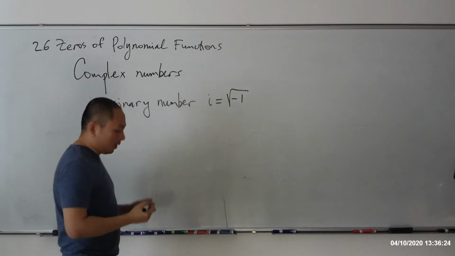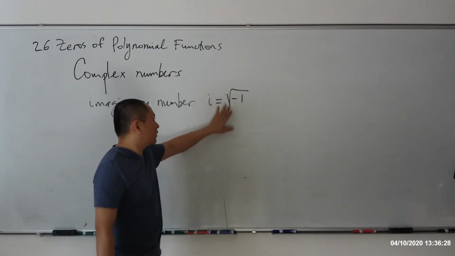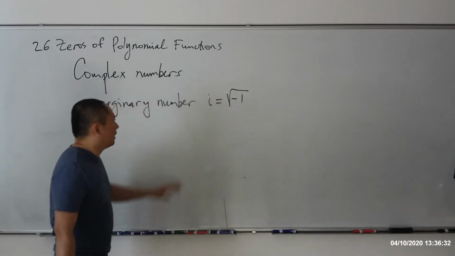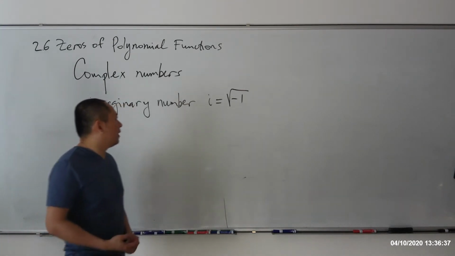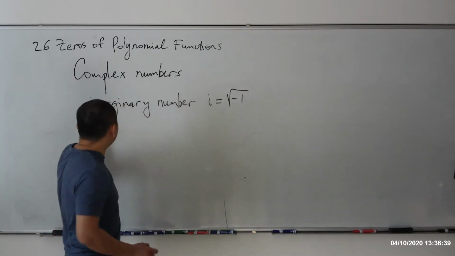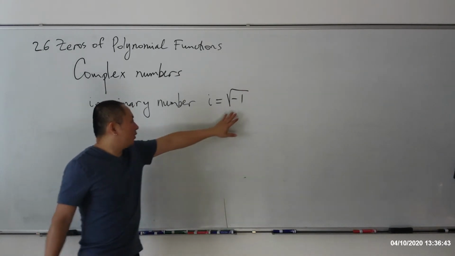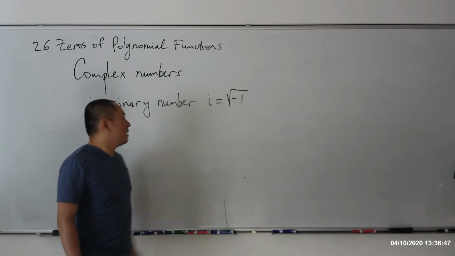In real numbers, we don't have the square root of a negative number. We only accept the square root of non-negative numbers, meaning positive or 0. But here, we define a kind of weird thing at first. Define a number i. I stands for imaginary. The square root of a negative number, we think of it as only happening in our imagination, so we call this the imaginary number.